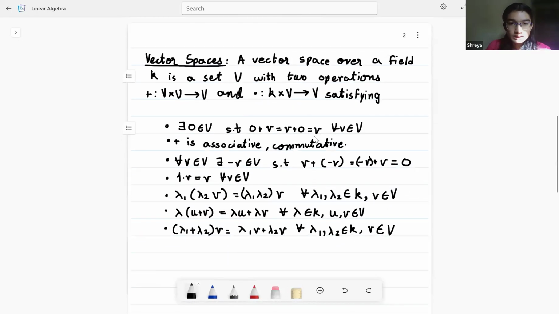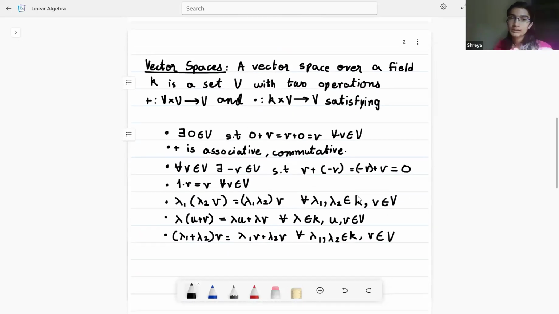Also you have this thing called a vector space over a field. It's a set V and there are two operations. You can add, and there is scalar multiplication. You can add two vectors, such that these things hold. And also scalar multiplication: you can take a vector and scale it by an element of the field, lambda.